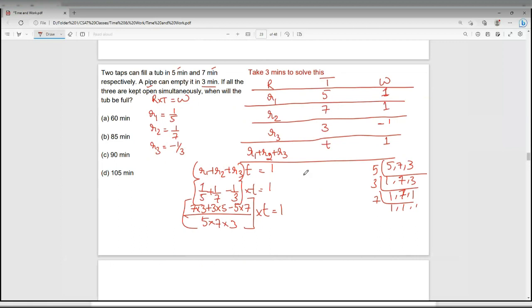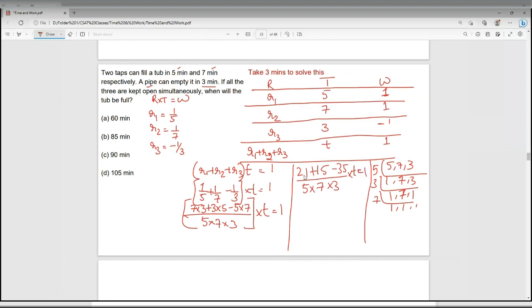So what I can do is, 7 3s are 21 plus 5 3s are 15 minus 35, divided by, I'll just keep it as 5 into 7 into 3, into T is equal to 1.